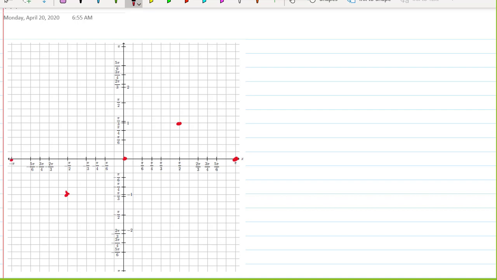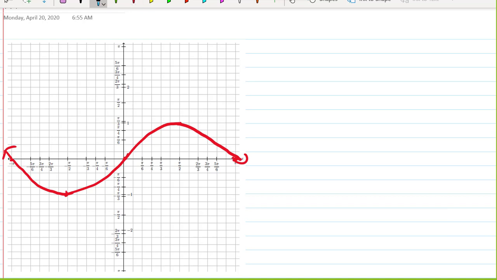So our sine function is a wave that looks something like this. If we were to look at the sine function from negative pi to pi, is this function 1 to 1? And the answer is no.